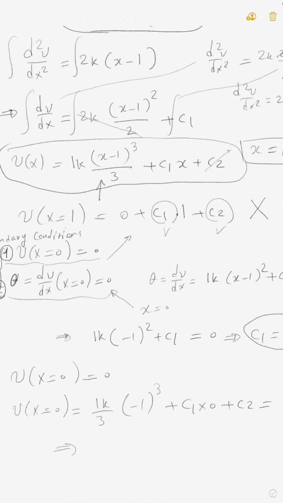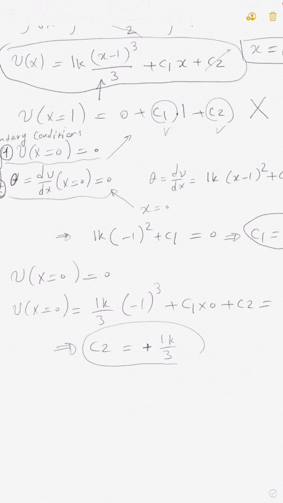Then you get c2 is equal to negative 1k over 3, which you take to the right, and then it becomes positive 1k over 3, right? Then you put it in this equation.